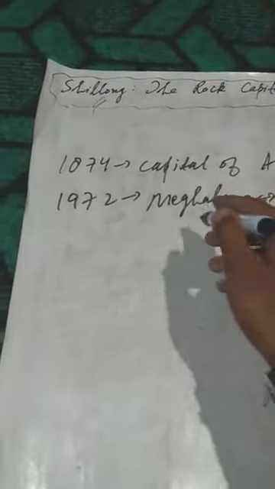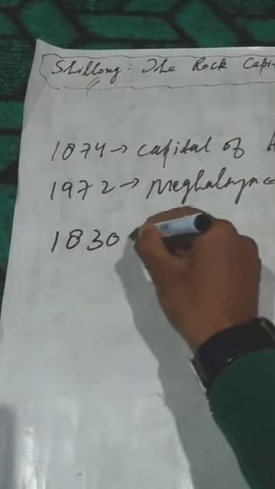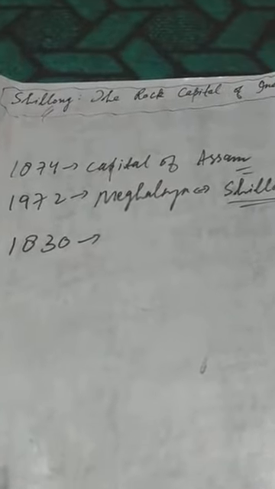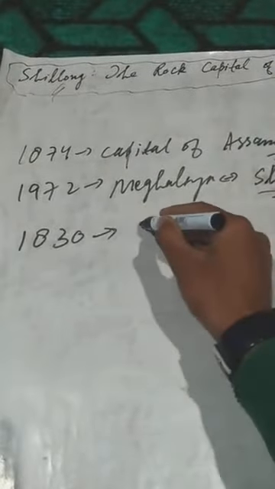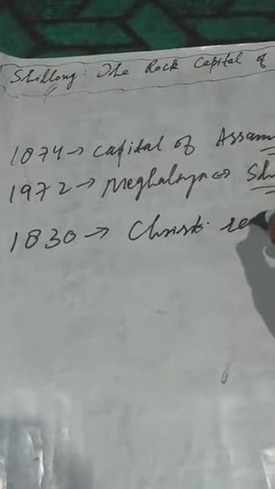Shillong became the capital of independent Meghalaya in 1972. Another date is important here. It is before the independence of India, 1830. What happened in 1830? Many Christian revolutionaries, who propagate Christianity, जो Christianity फैलाते हैं.